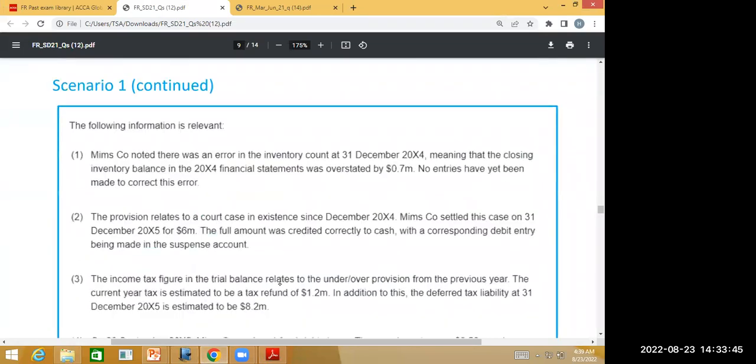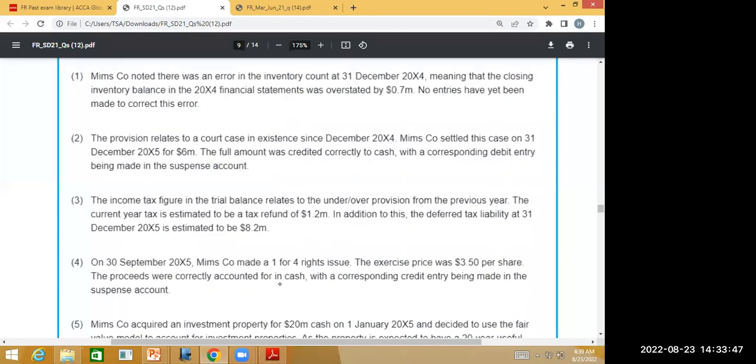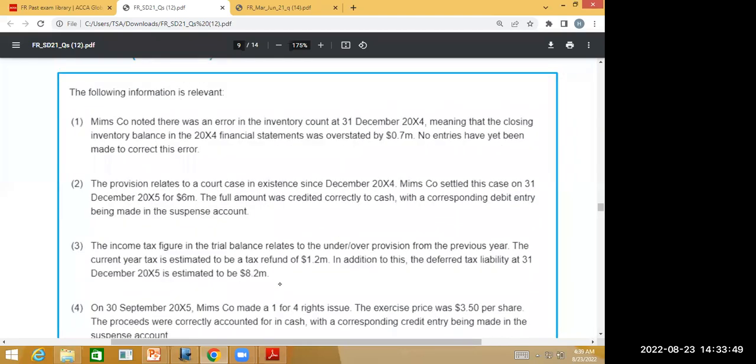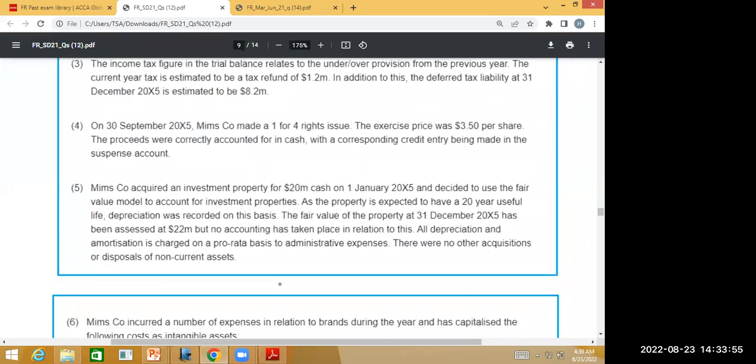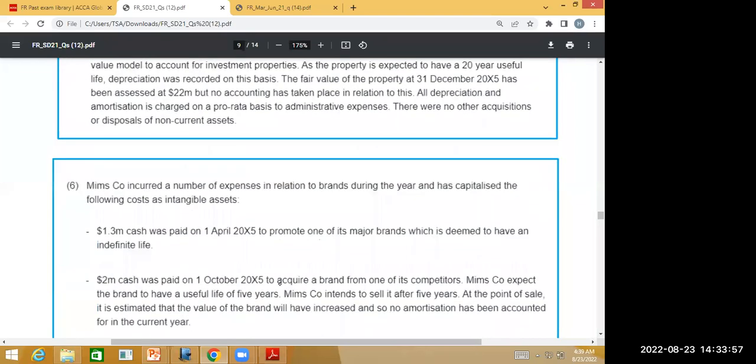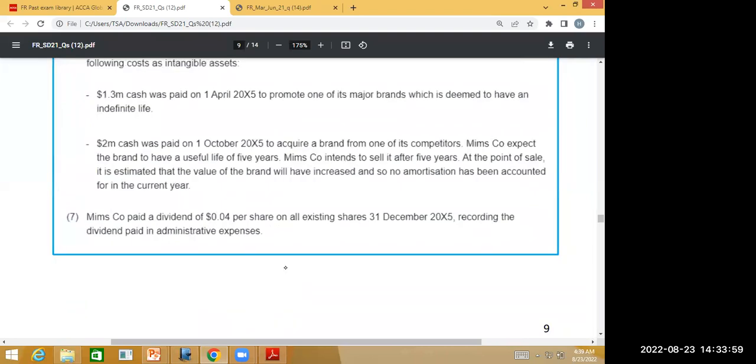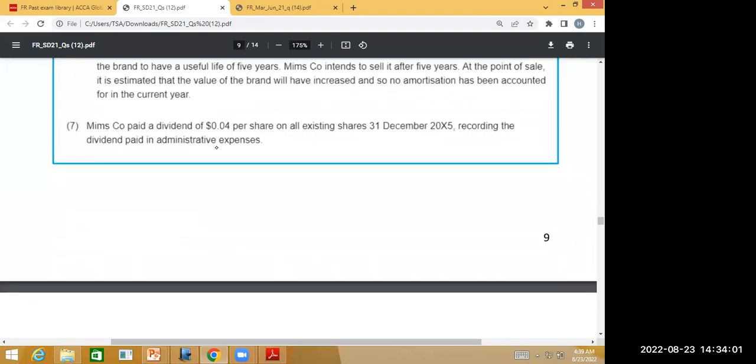So we have done with note number 1, note number 2, note number 3, note number 4, note number 5, note 6. Okay, note number 7. MIMS company paid a dividend of 0.04 per share and recorded the dividend paid as an administration expense.